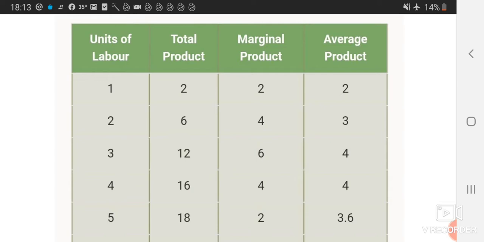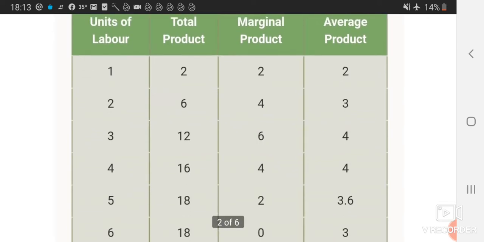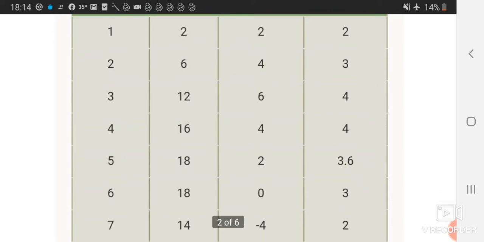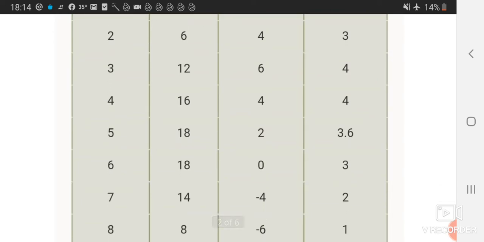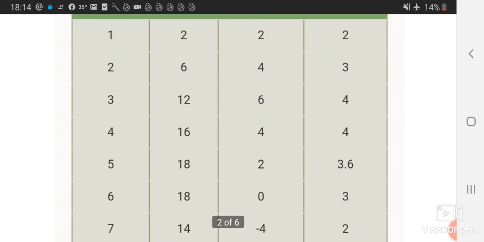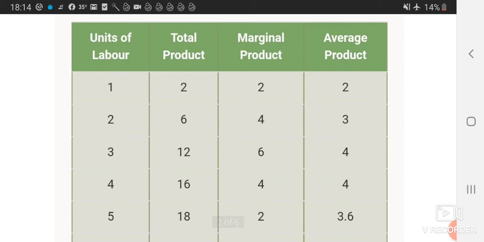So you can see that as we are using more number of units, the total production is increasing up to 18. When we use 6th unit of labor, the total production does not change. When we use 7th unit of labor, the total production will decline, and when we use 8th unit of labor, then there will be a significant decline in the total production.